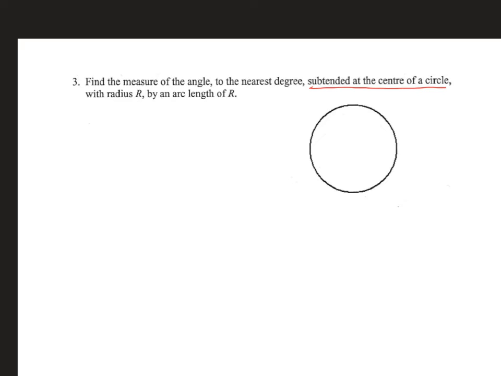It's saying, if I'm going to subtend an angle at the center of a circle that has radius r, find the angle if I also have an arc length of r. That must have been my rotation, and what you need to come up with is the measure of theta.